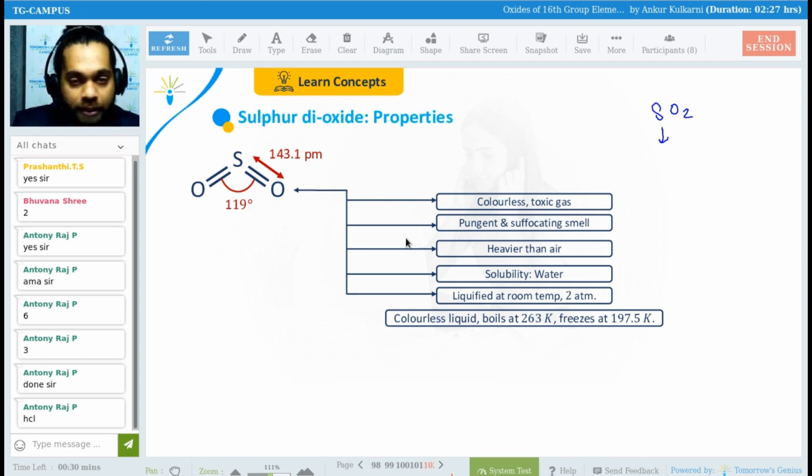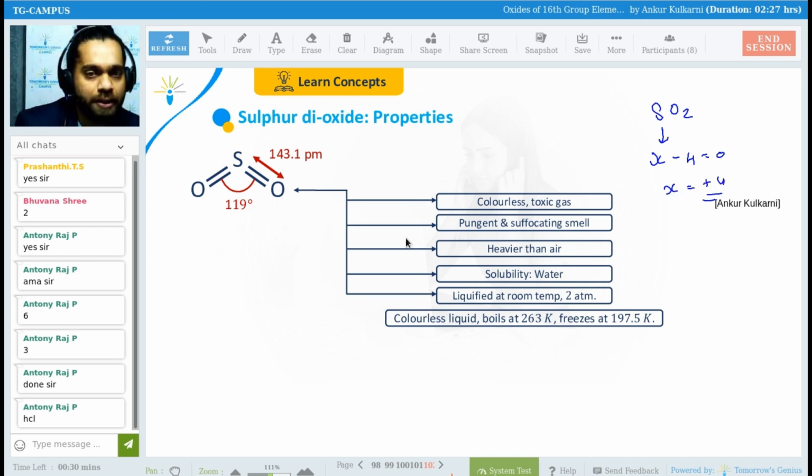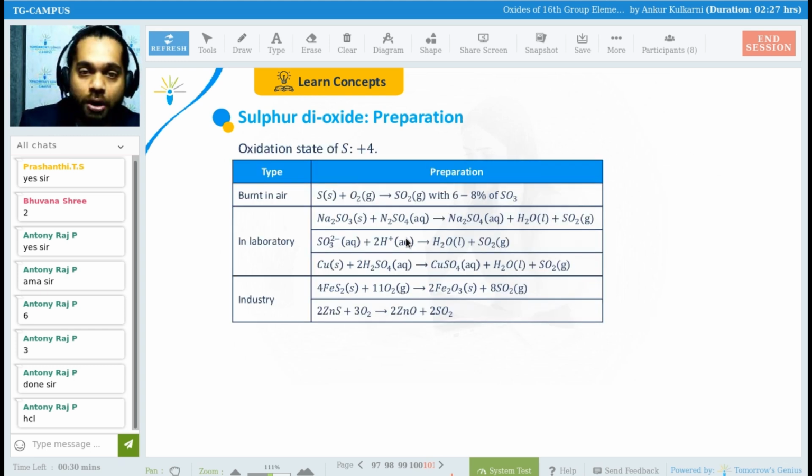Am I doing maths incorrectly? X, oxygen is minus 2, 2 into 2, that is minus 4, so X minus 4 is equal to 0. That is plus 4. So the oxidation state is plus 4.